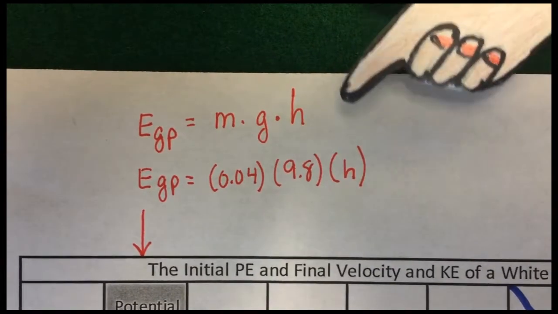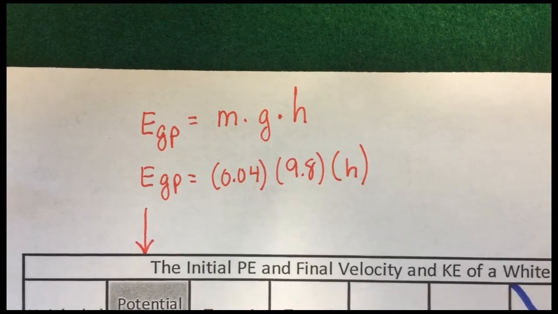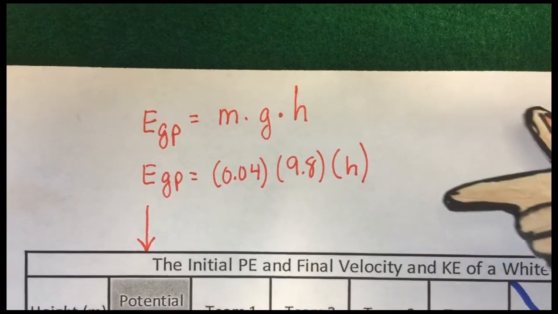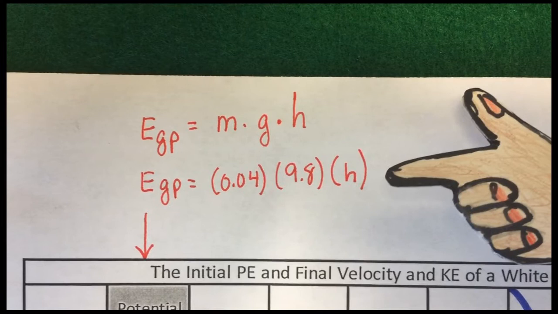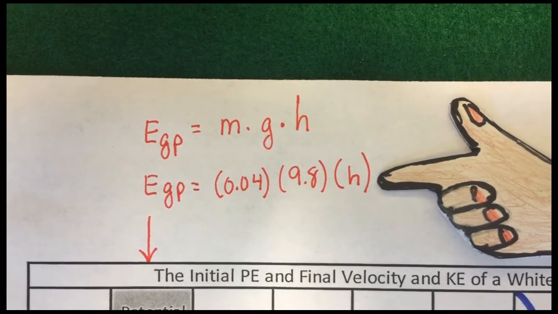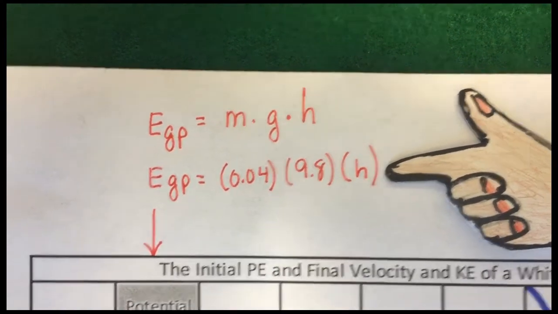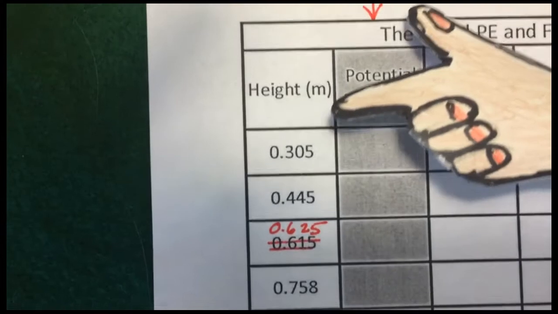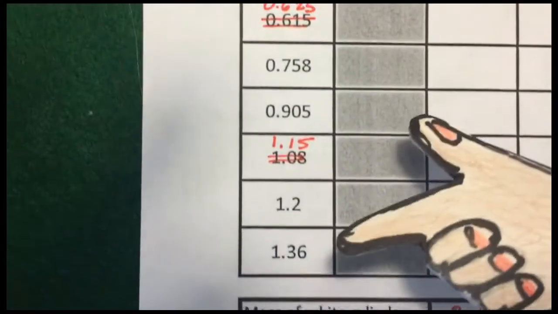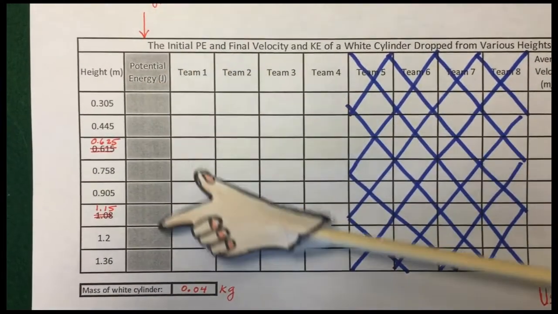When we put in our values, we'll have 0.04 kilograms for the mass, 9.8 newtons per kilogram for little g. We don't have to worry about the sign. Energy is not going to have a sign, so we'll just use 9.8. And then the heights will be each of these heights. So you'll calculate the starting potential energy of the small cylinder that we lift.